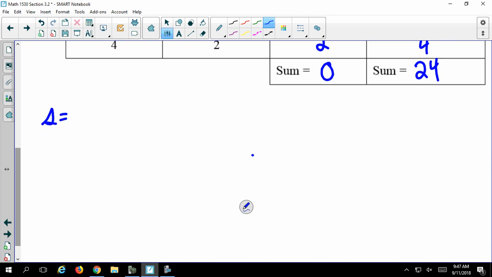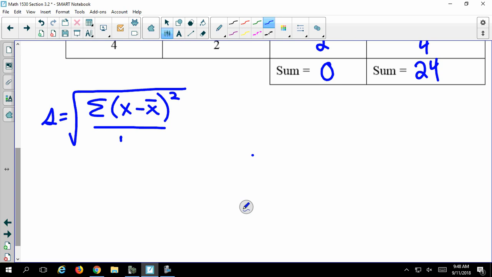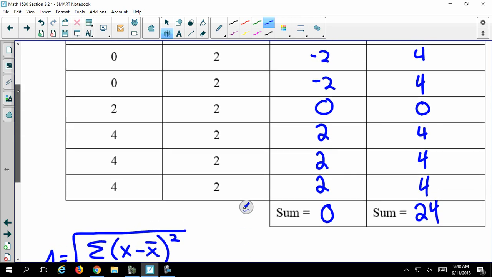So the formula says to take all of those squared deviations and add them up. And that's what we did in the last column.